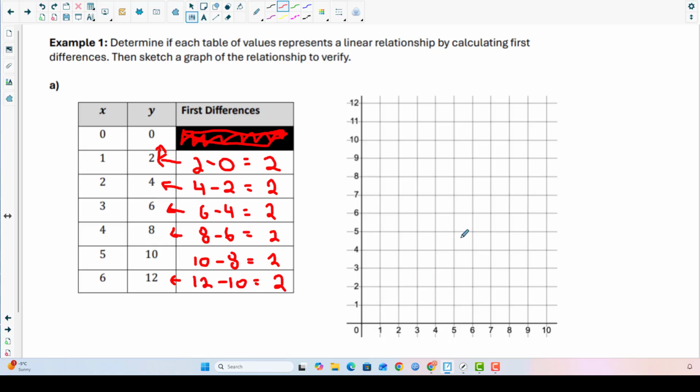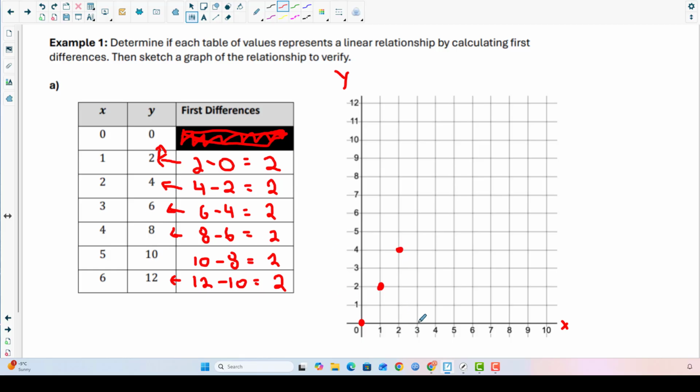And we are going to graph it to prove that. So our first point is 0, 0, which is the origin, right here. Our next point is 1, 2. X value is here, y value is here. Next is 2, 4.